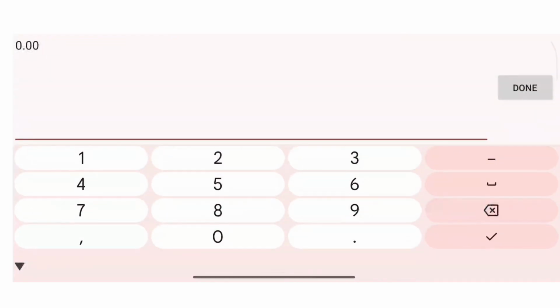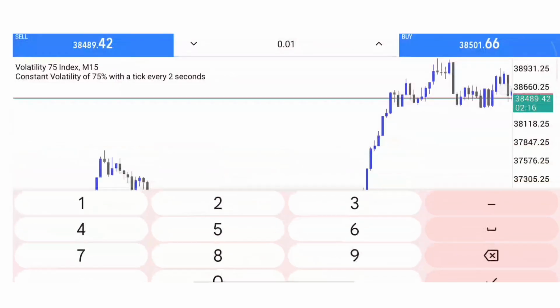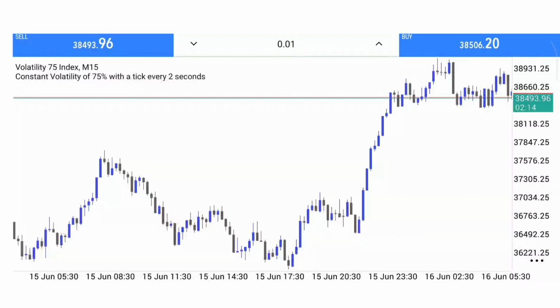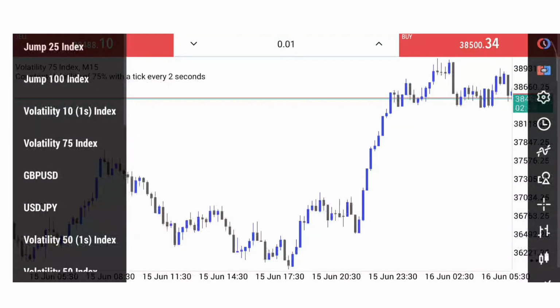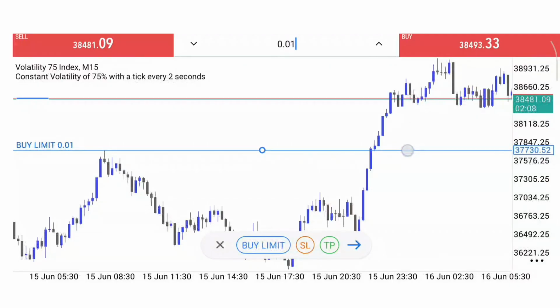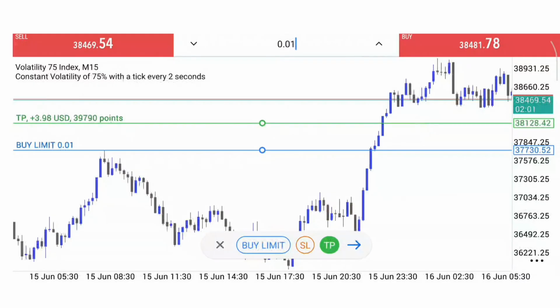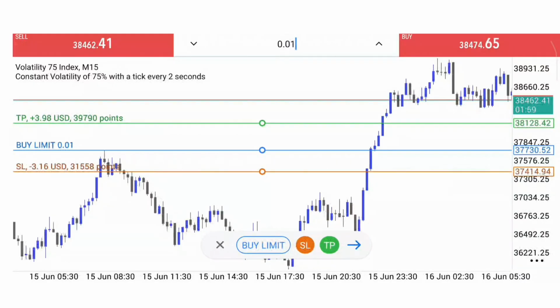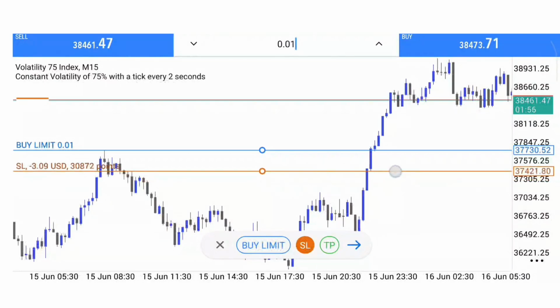So right now we are starting with 0.01. This is the least lot size on Volatility 75. Let's just look at the power. Let's see where I place my buy limit at the top here. Let me try and place a take profit target, or let's say a stop loss, and remove this take profit.